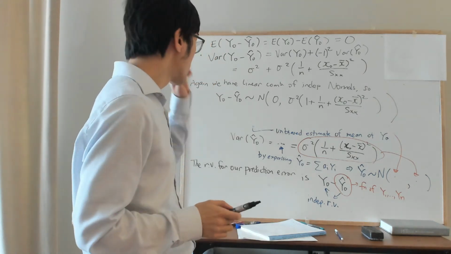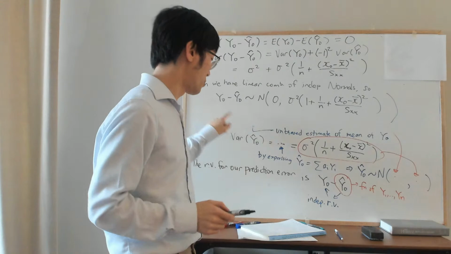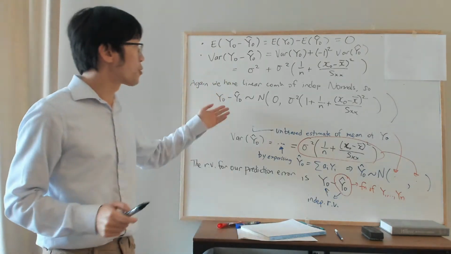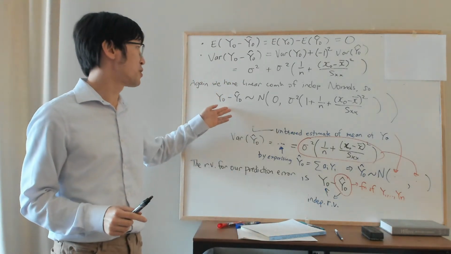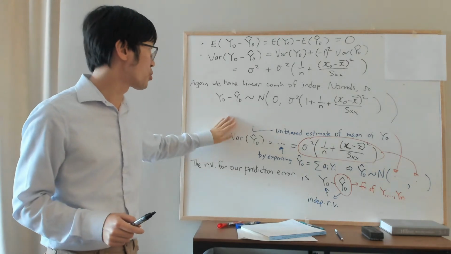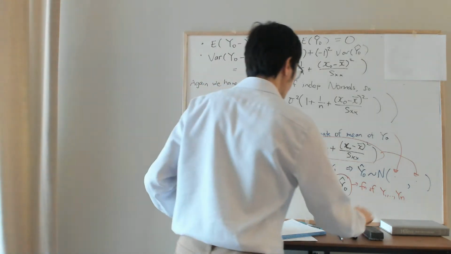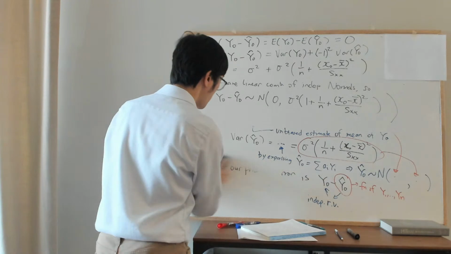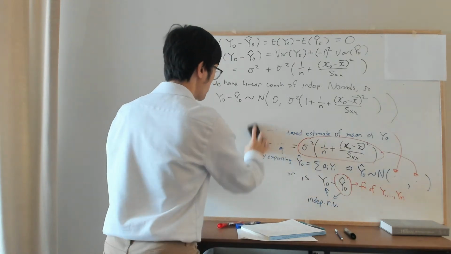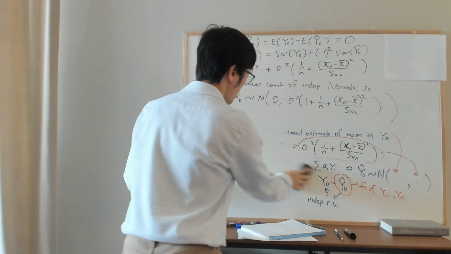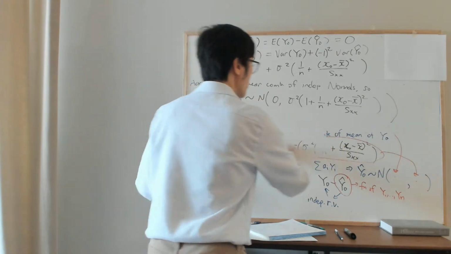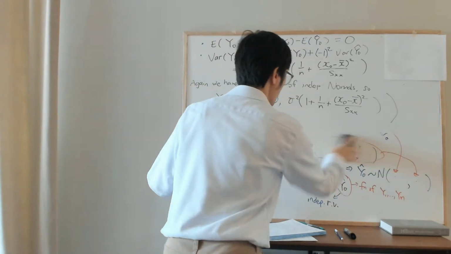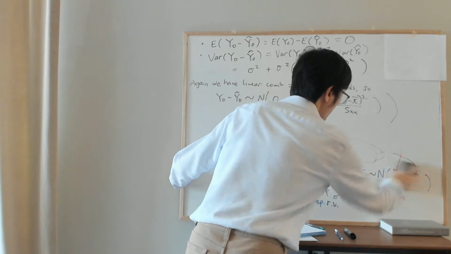Okay, so that's the mathematical result, and so we're well on our way to constructing what we're going to call a prediction interval. We follow a very similar procedure to how we constructed confidence intervals for beta 1. I'm going to walk you through the steps for that.